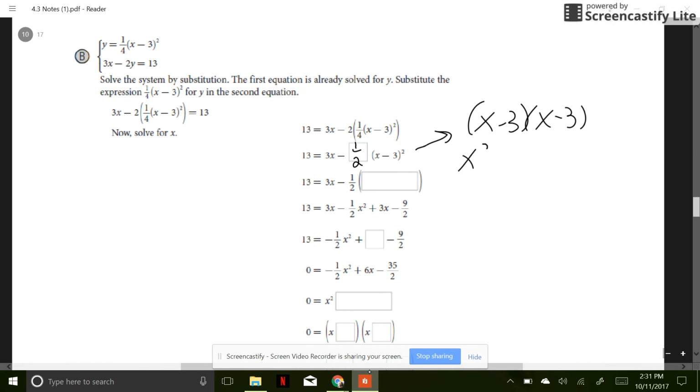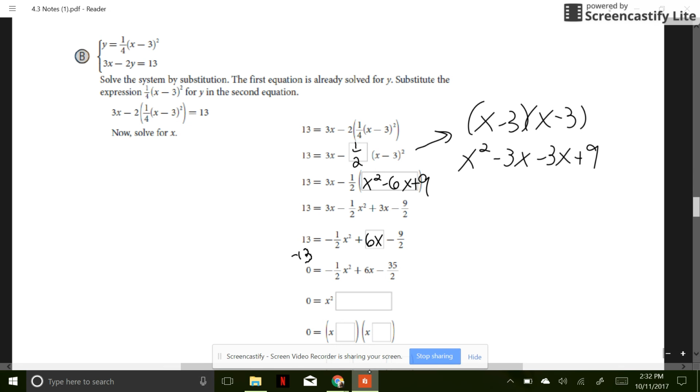So expanding that, we should get x squared minus 6x plus 9. So then they distributed that -1/2 to get -1/2 x squared plus 3x minus 9 over 2. So combining the 3x plus the 3x would get us 6x here.